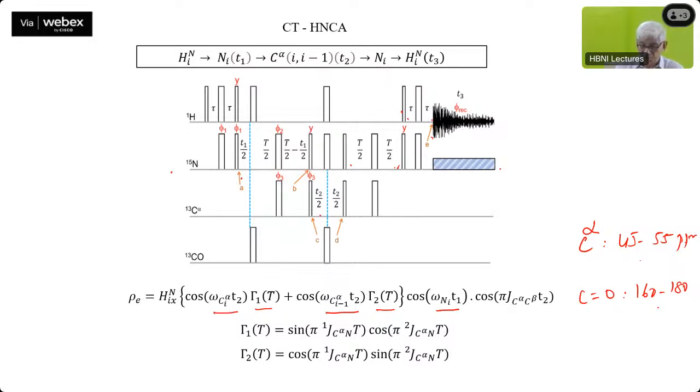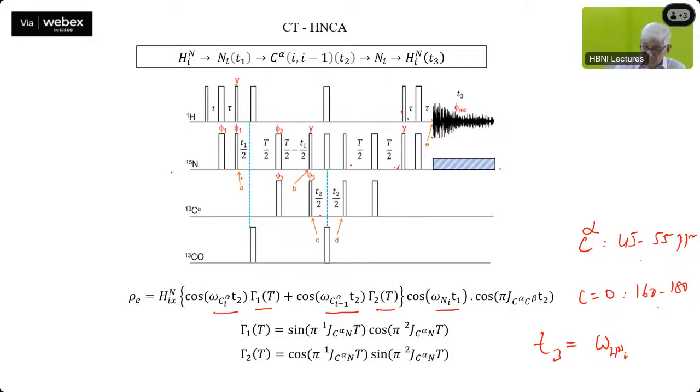So starting from a particular nitrogen, I generate a correlation to the C alpha of I and the C alpha of I minus 1. And T3 is what? T3 will be the amide proton of I, because I am coming back to I. Therefore, T3 will be omega HN of I. So this is the amide proton chemical shift.